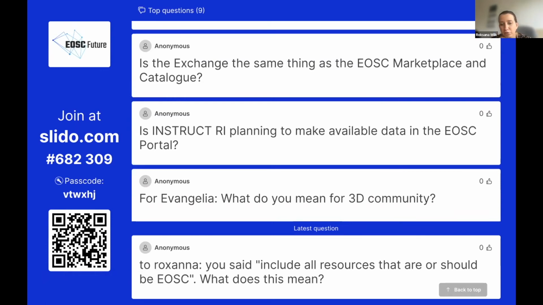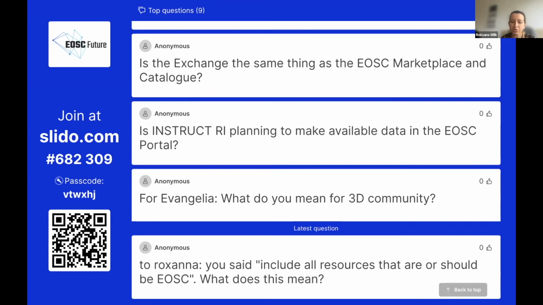Regarding "include all resources that are or should be EOSC": again, my opinion, EOSC is meant to be this infrastructure initiative that supports science in Europe. And we came up with a recognition of different types of resources. Assuming that every country is delivering some resources, it would be great if in the end we were connected as EOSC and every country would become a part of it.